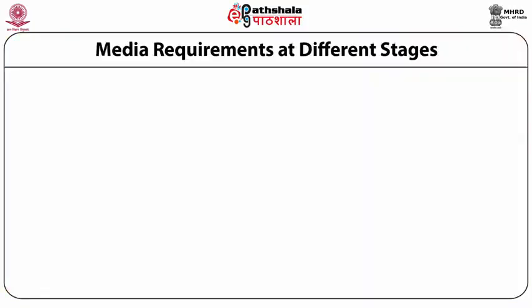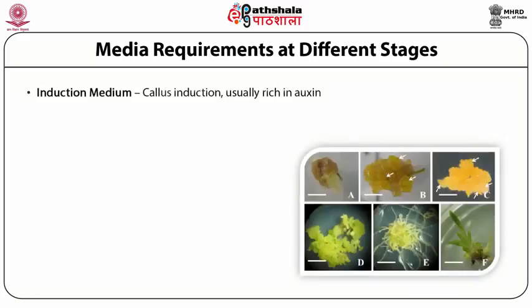There are different requirements. In case of shoot bud regeneration, you require an induction media. Callus has to be induced, it has to multiply very fast, and that is usually achieved on media which is rich in auxin. Now this callus can be multiplied indefinitely, but your ultimate objective is to get shoot buds, and therefore you transfer it to another media.